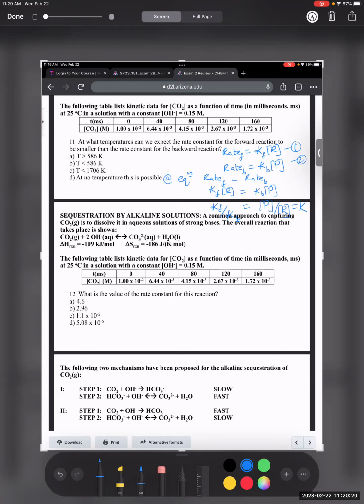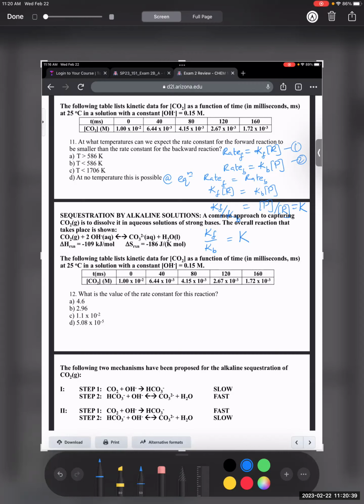Okay, so let me rewrite this here so that we can say it clearly. Kf divided by Kb, or the rate constant for the forward divided by the rate constant for the reverse, is equal to the equilibrium constant.